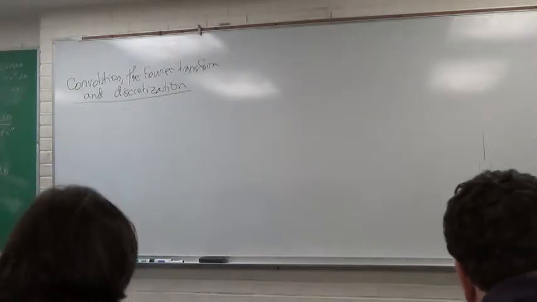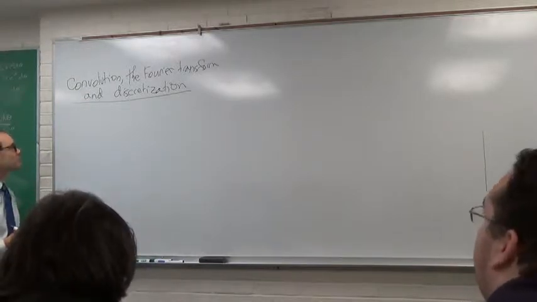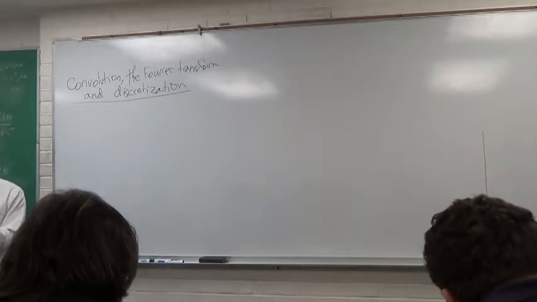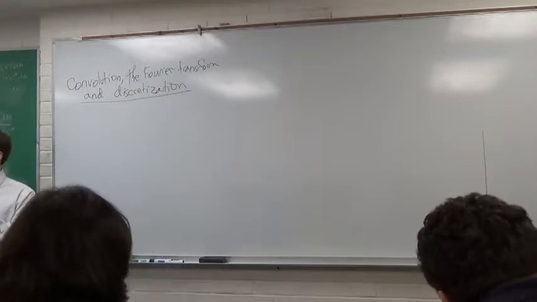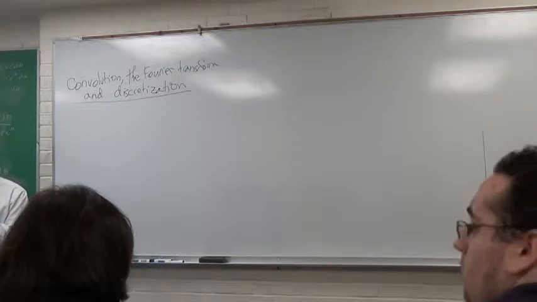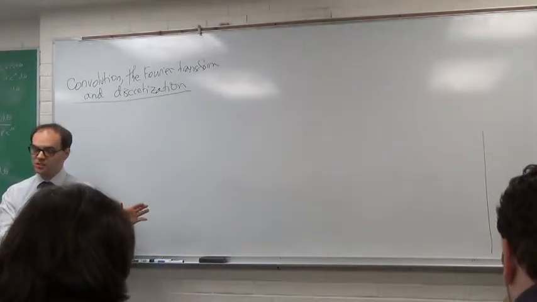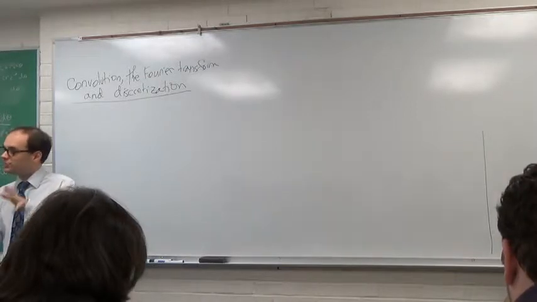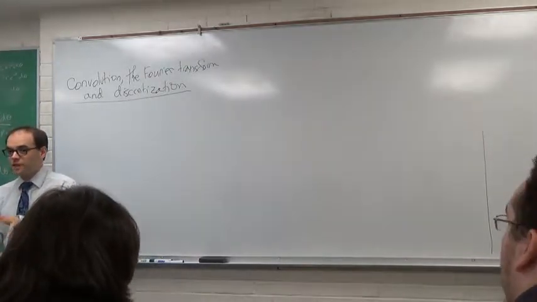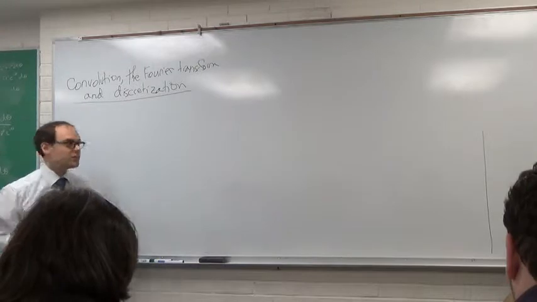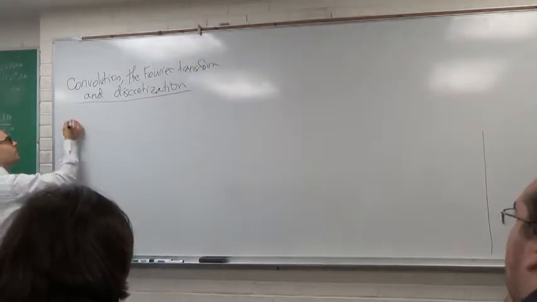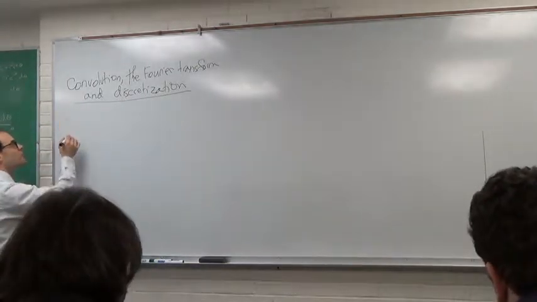So what we had talked about last time was there's a property of the Fourier transform that if you take the Fourier transform of the product of two functions, then what is it? It is supposed to be the convolution of their Fourier transforms. Or if you take the Fourier transform of the convolution of two functions, then the resulting term is a product of their Fourier transforms. So this is what we're going to start off with.